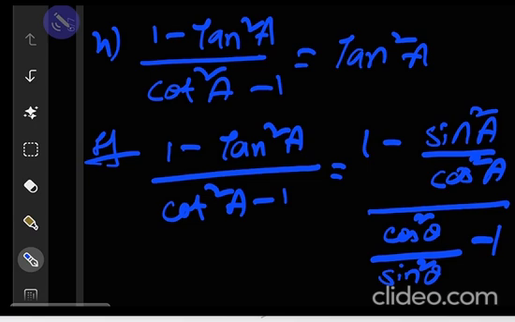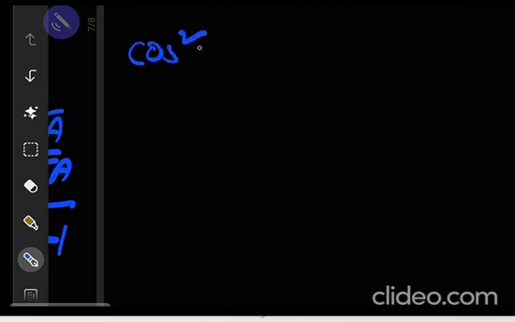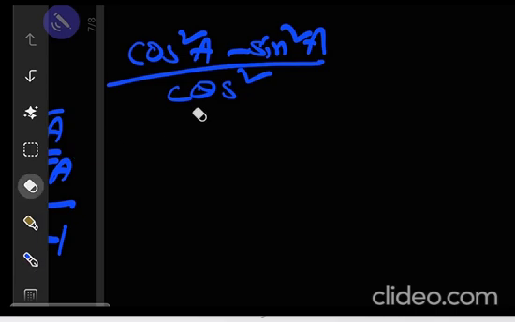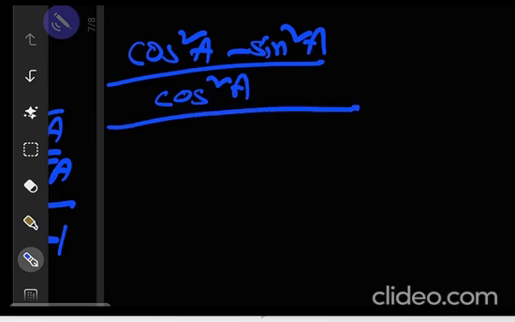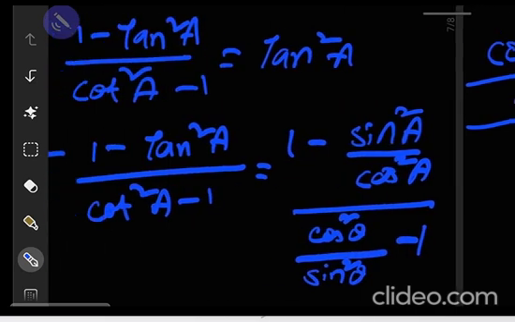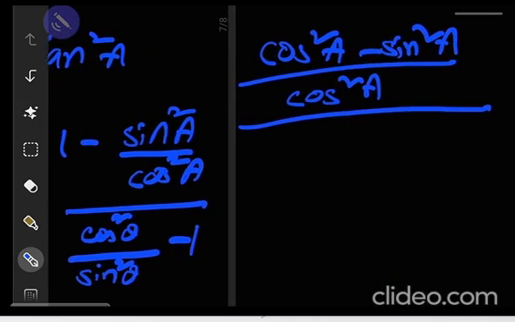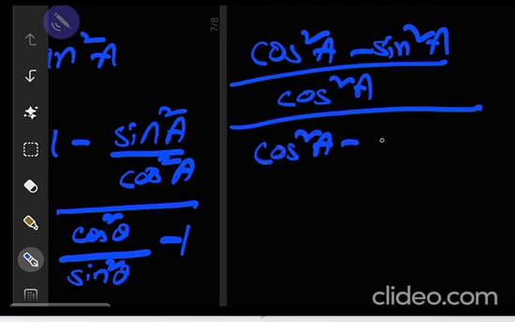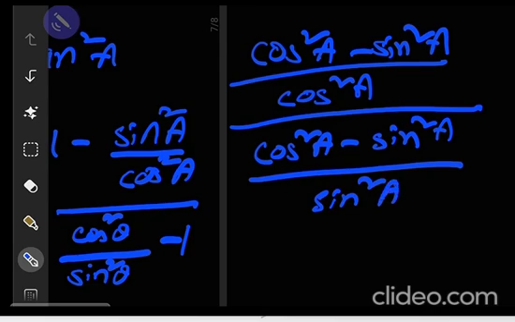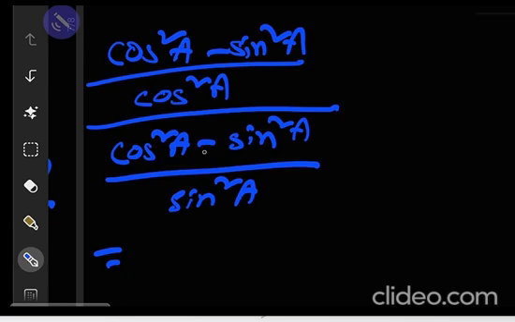So here, (cos square A minus sin square A) divided by cos square A, whole divided by (cos square A minus sin square A) divided by sin square A.